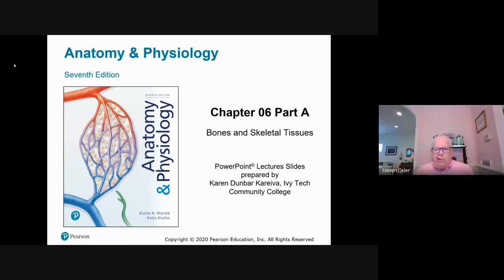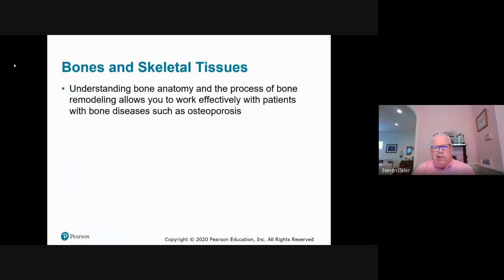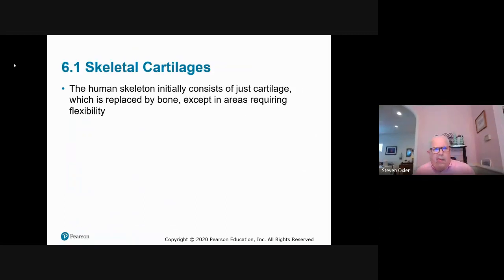Okay. We're going to talk today about the start of bones, and this is a section on bone tissue. We all start out as cartilage.